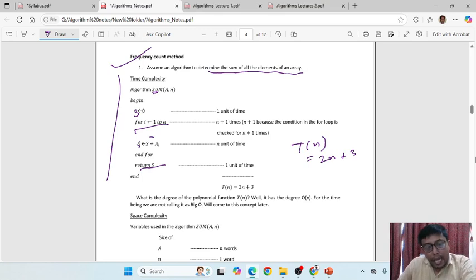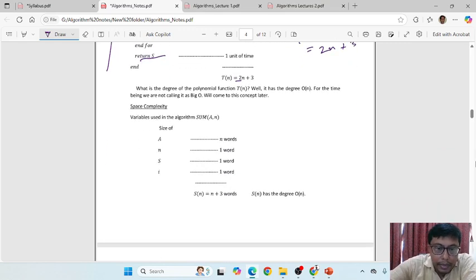And S(n), that means the space analysis, how will you do this? A is the list, and n is the variable size of the list. So A will be taking n words, because A is the list of n elements.